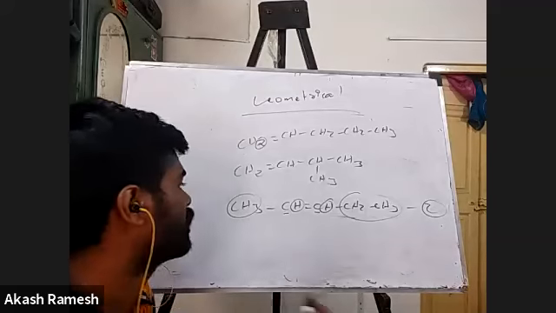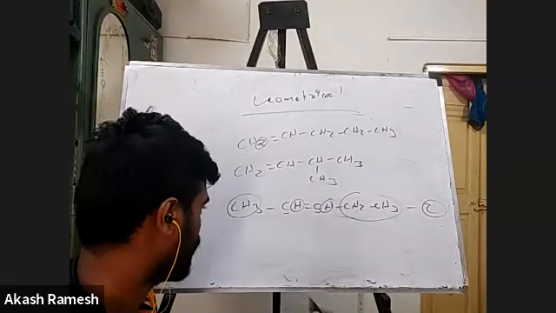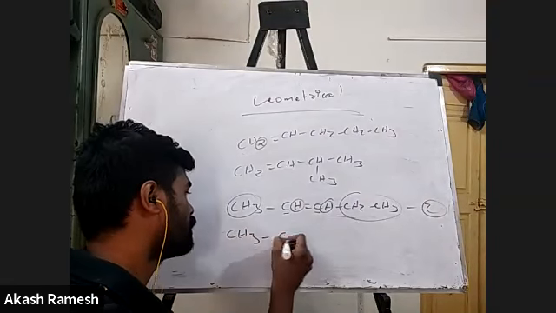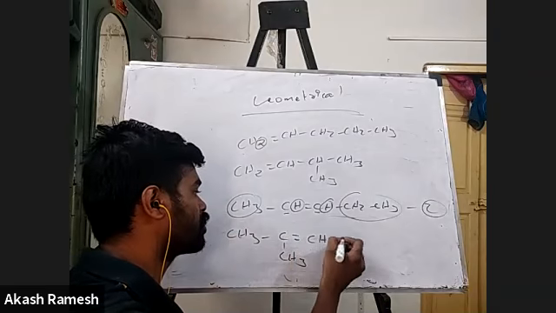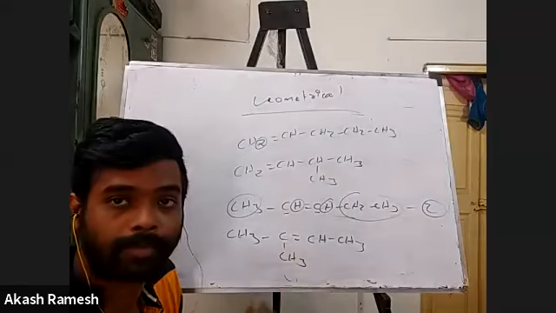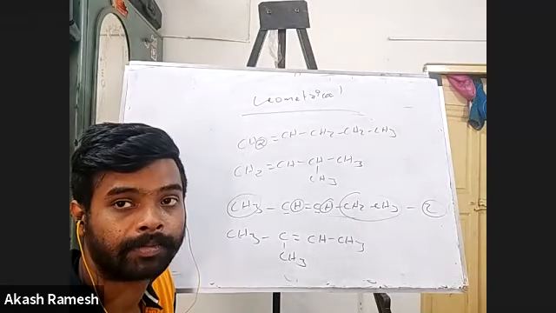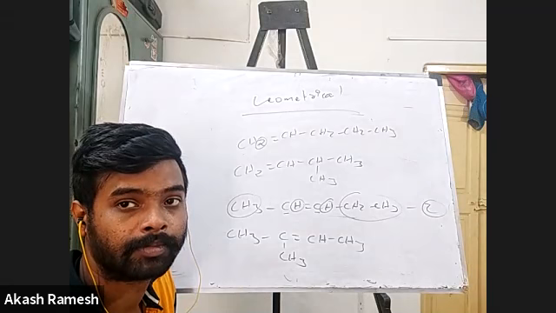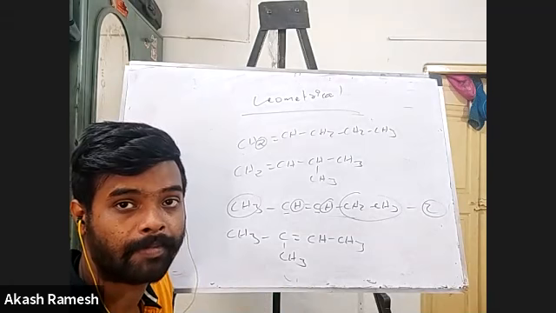Okay, next. Again, I can make branches. Can I not? Yeah, I can. CH3, C, CH3, double bond, CH, CH3. Another possibility. Can this molecule show geometrical isomerism?